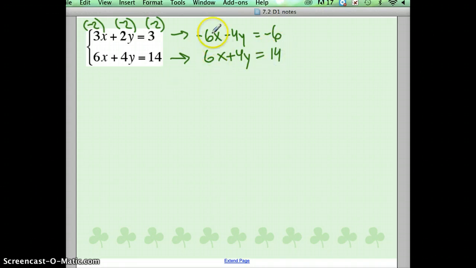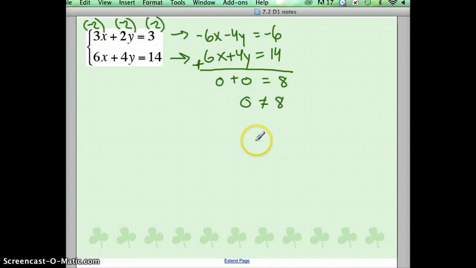Now that I have opposites, I'm going to add them up, add vertically. So the x's are going to go away. The y's actually also go away on this one. And negative 6 plus 14 is 8. Well, that's weird because 0 does not really equal 8.